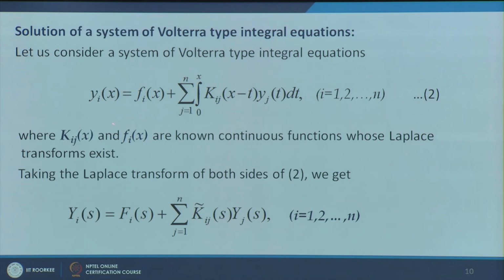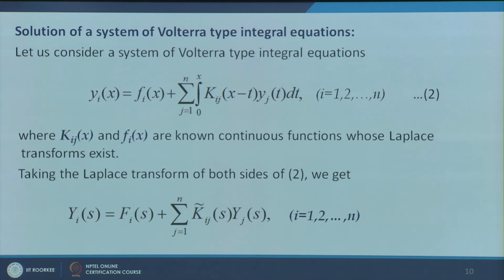The unknown functions are phi_i(x), where i runs from 1 to n, and the functions f_i(x) and k_ij(x) are known continuous functions whose Laplace transforms exist.